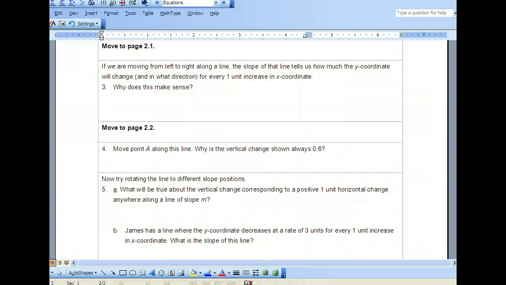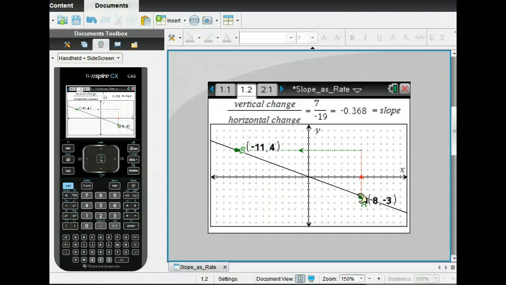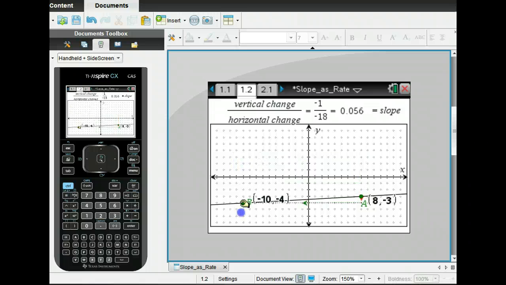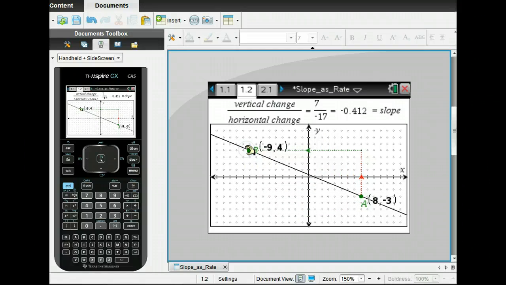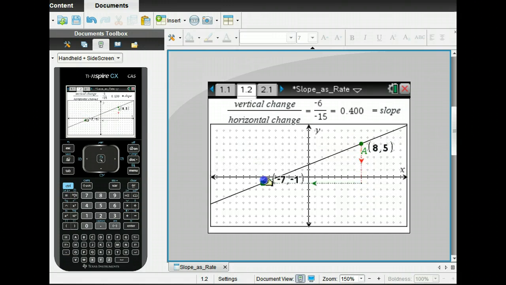So not only are they getting the correct answer, but they can explain their answers, which is really what we're looking for now in math, not just that analytical understanding where you can put things in a formula and get an answer, but you really understand what's going on. In this case, do you really understand what's going on with the slope? And I would argue with something like this, kids have a much better understanding of slope. Why is that negative? Why is this 0? Why is this positive? They can see these things changing right before them.